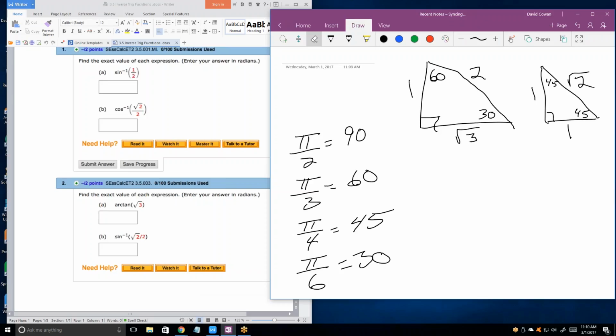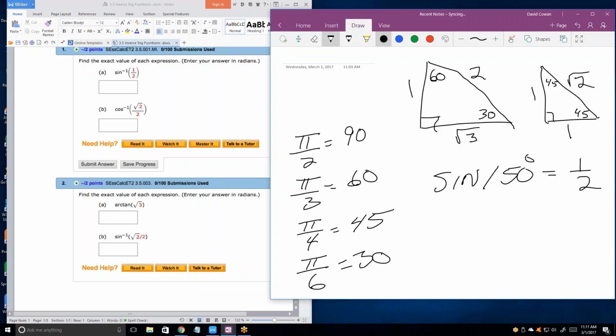Okay. Now, you'll notice something else. If I took the sine of 150 degrees, I also get positive 1/2.